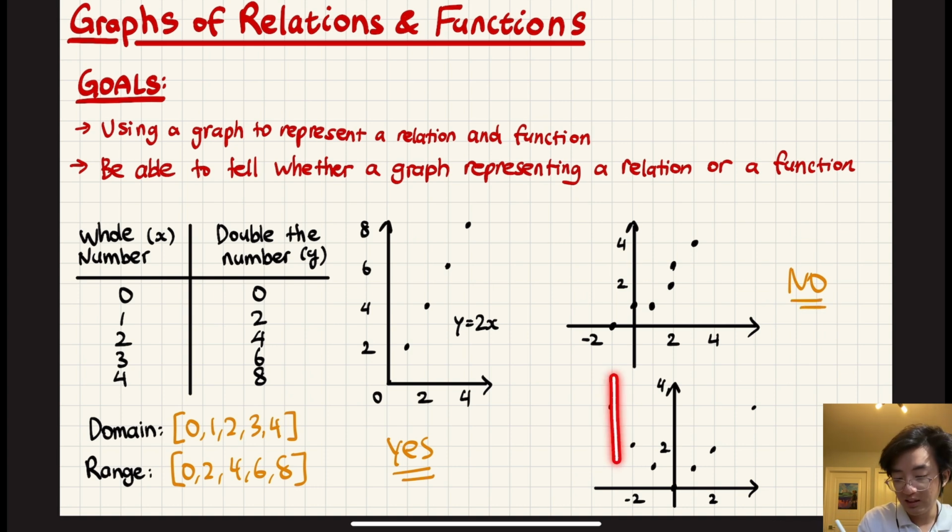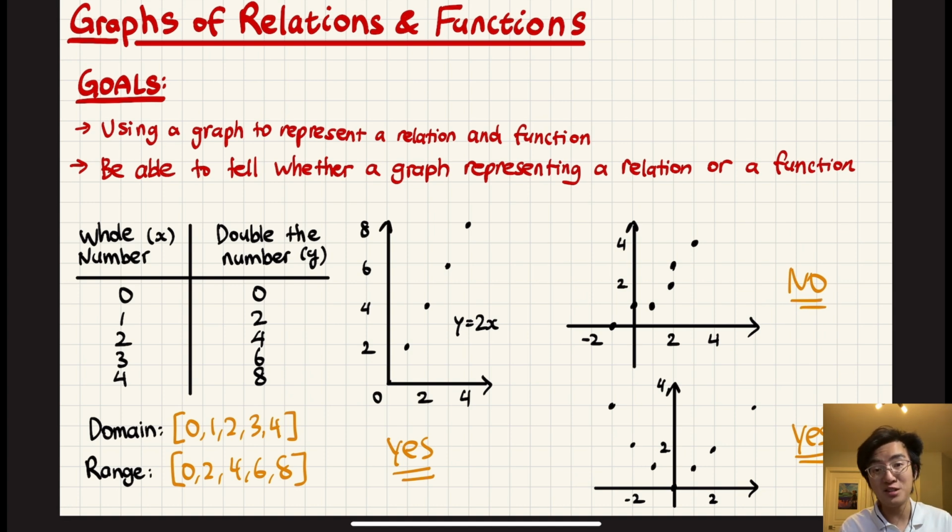On the contrary, looking at the graph at the bottom, we can draw a vertical line through each of those dots and see that it will only touch 1 point each, which means that this one down here is a function. And that's what we refer to as the vertical line test.